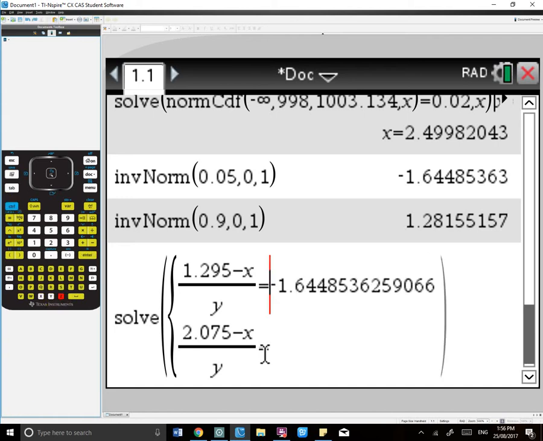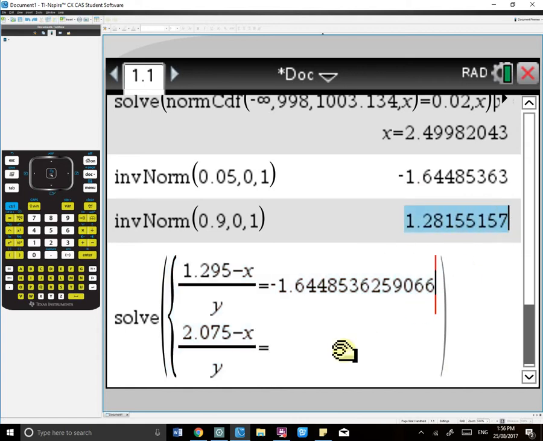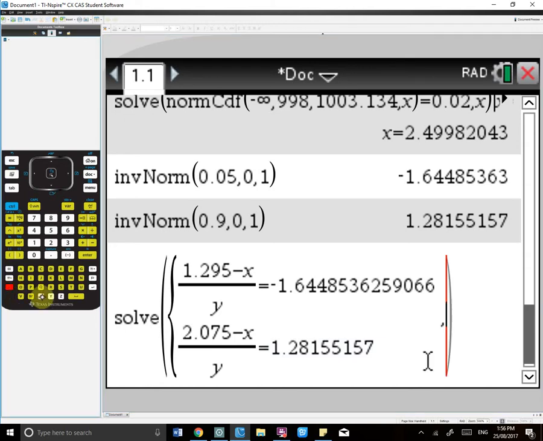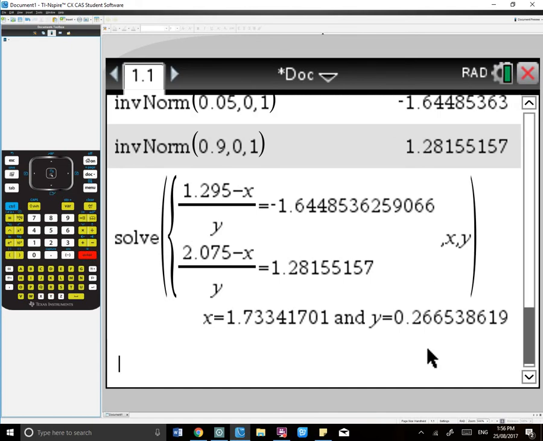Which value am I looking for? This value, and bring this down here. Comma x, comma y. Make sure you leave enough decimals. Magic part, we have it. Mu is 1.733.